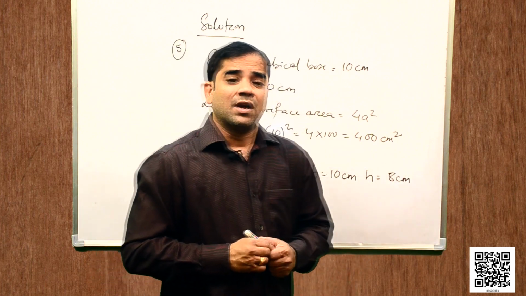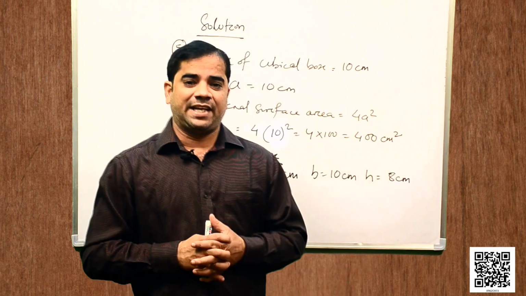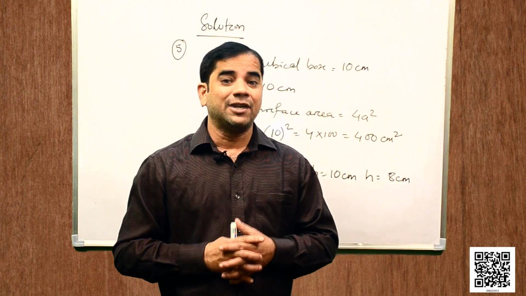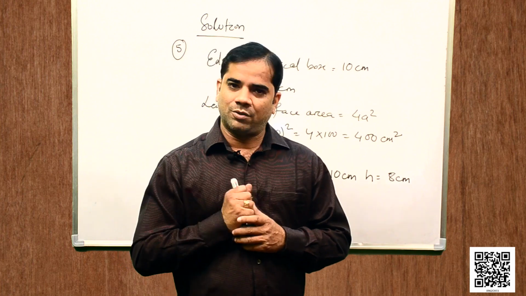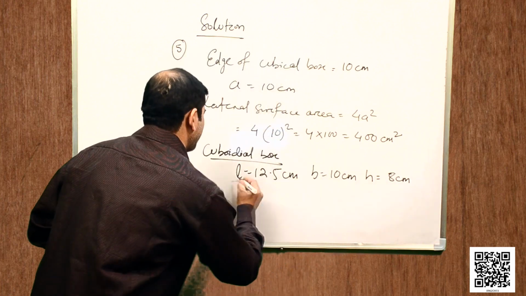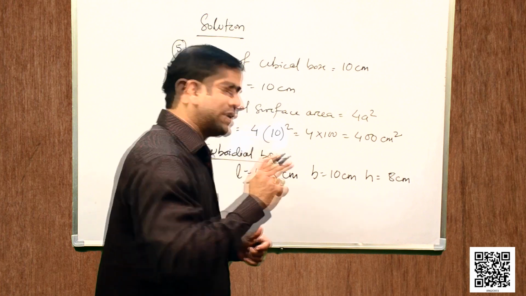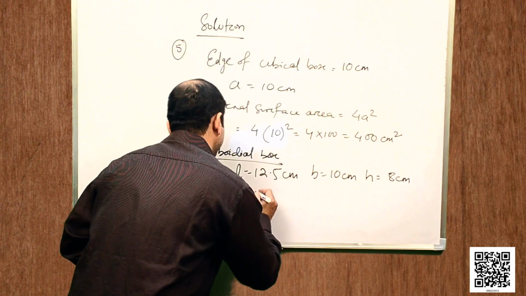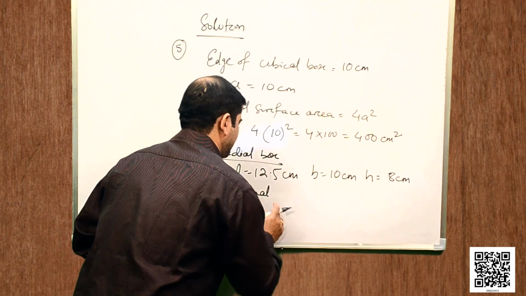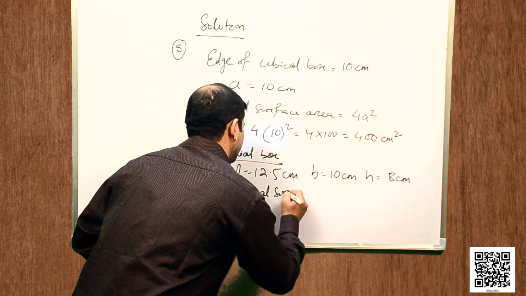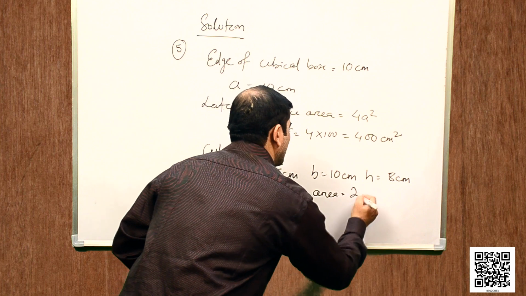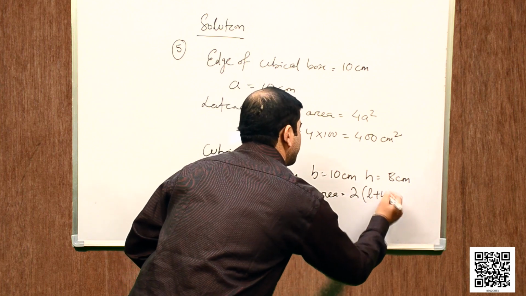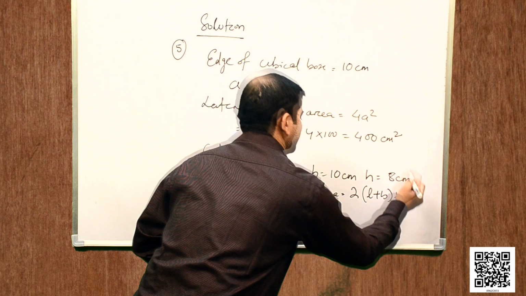So the formula for the lateral surface area of a cuboid is 2 into L plus B into H. So the lateral surface area is equal to 2 into L plus B into H.